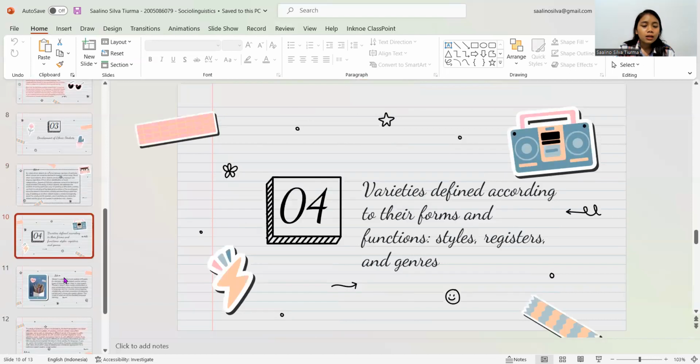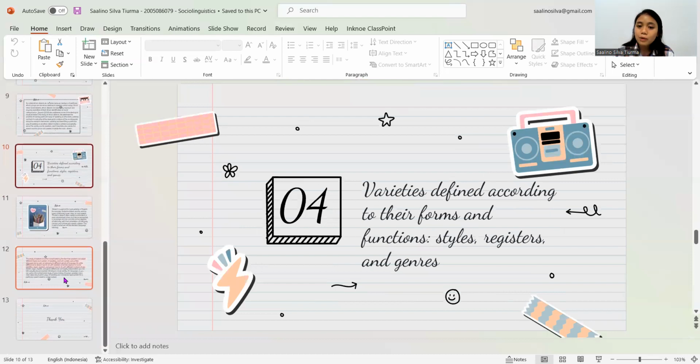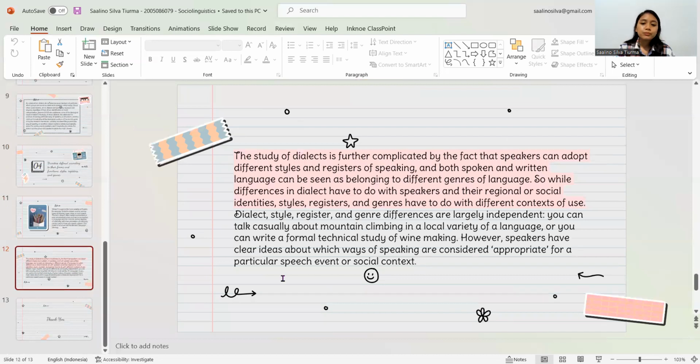Okay. The last material is about varieties defined according to their forms and functions: styles, registers, and genres. The study of dialects is further complicated by the fact that speakers can adopt different styles and registers of speaking, and both spoken and written language can be seen as belonging to different genres of language.